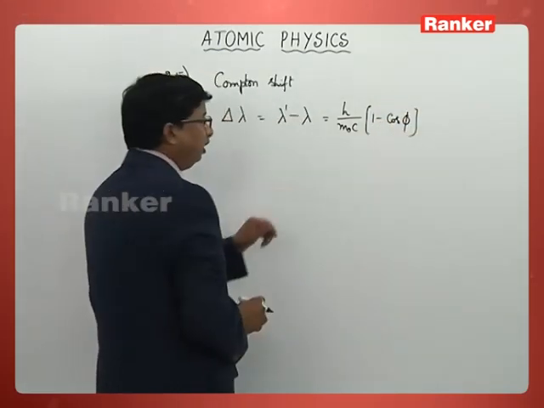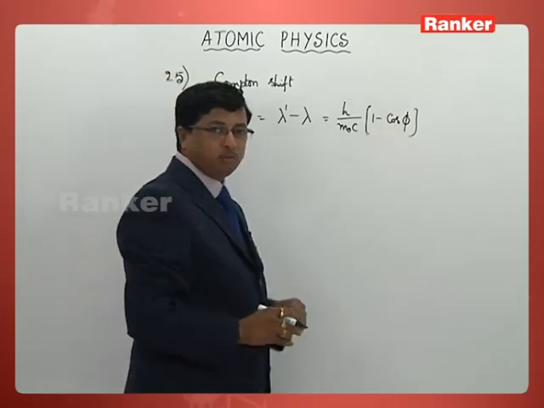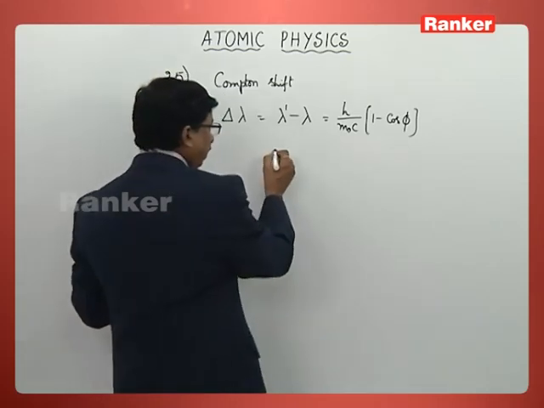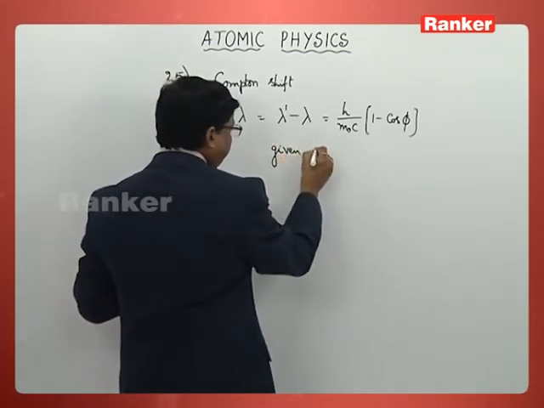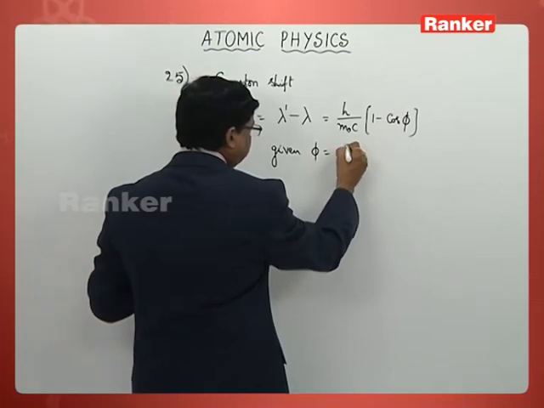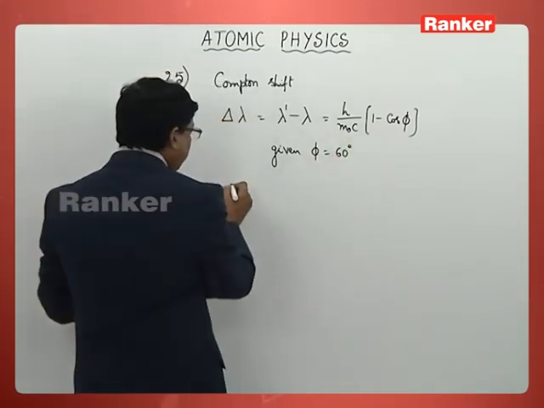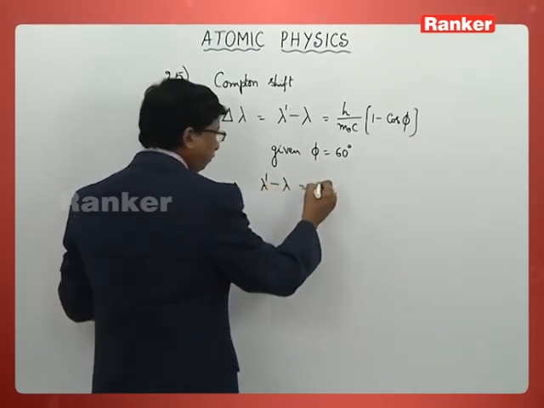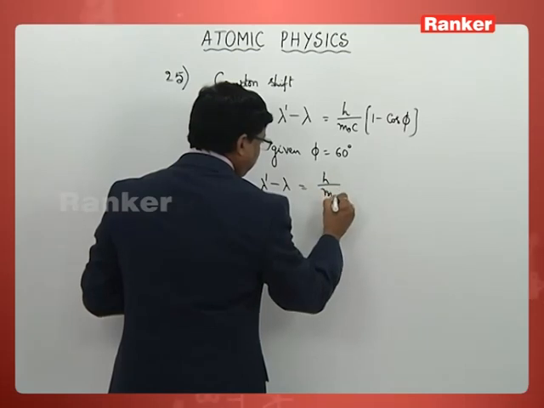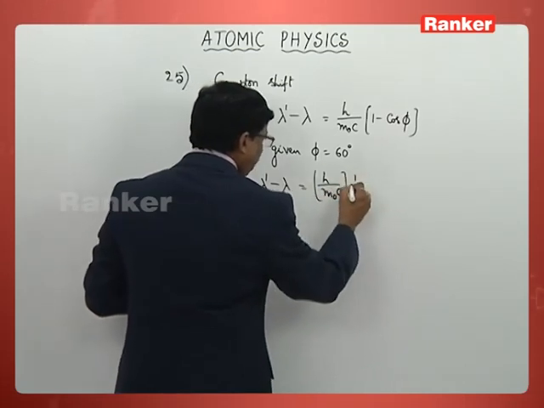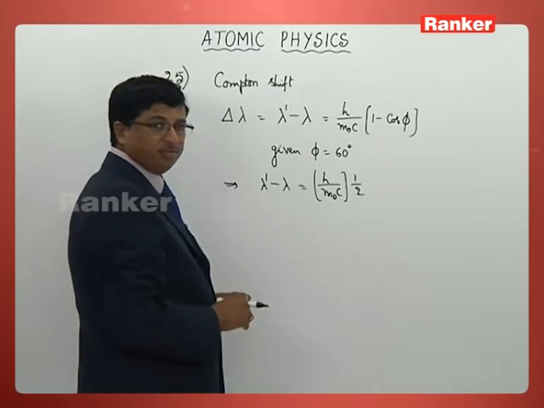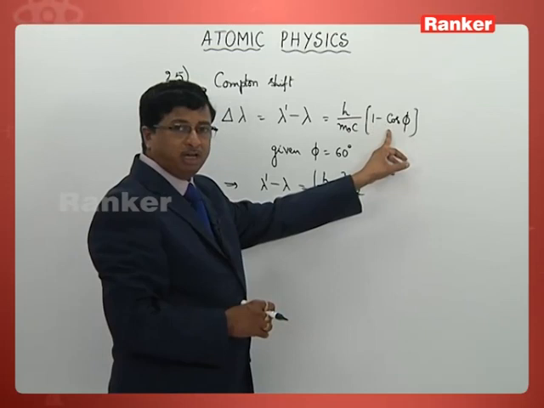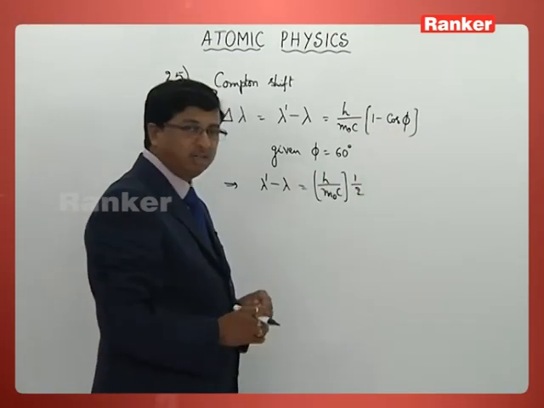I already explained earlier, this phi refers to the angle of scattering. Now given phi is 60 degrees, this implies lambda dash minus lambda now becomes h by m naught c into half. 1 minus 1 by 2 again becomes 1 by 2. That is what I have written here.